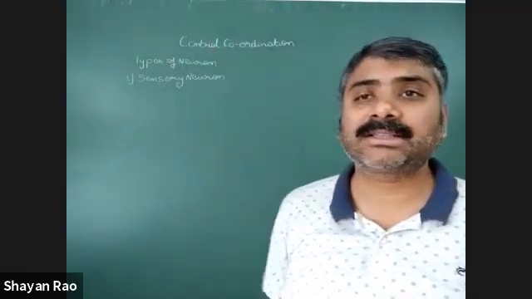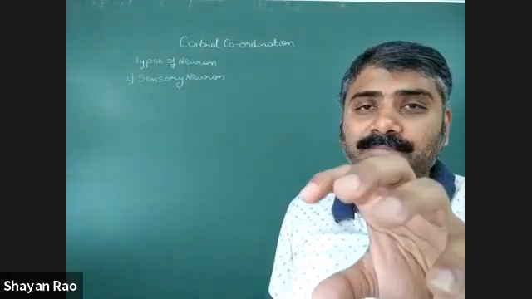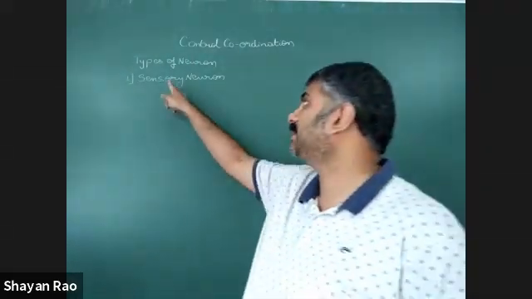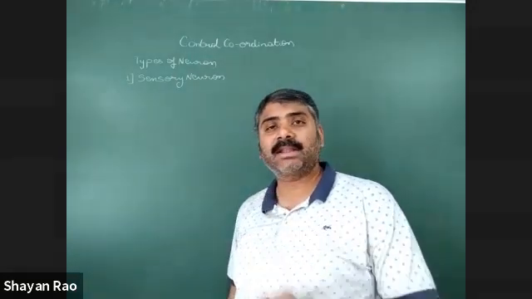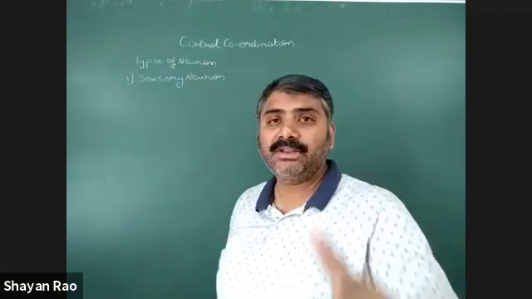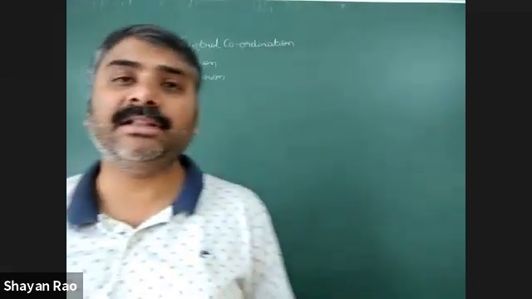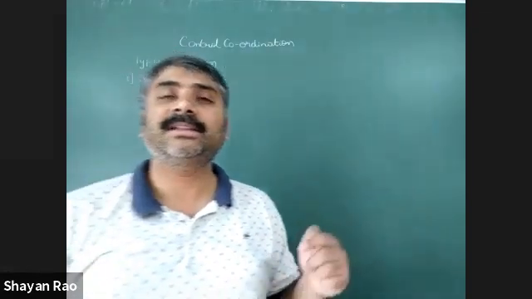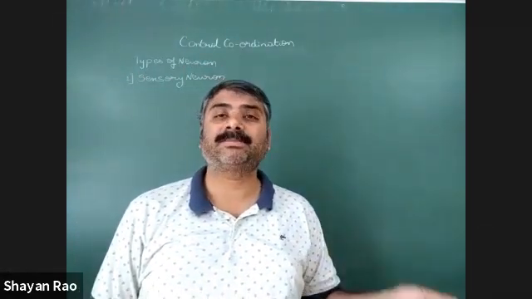The receptors will immediately take up that impulse and pass that impulse into the sensory neuron. The sensory neuron is going to carry that particular message to the part of the central nervous system, that is either the brain or the spinal cord.